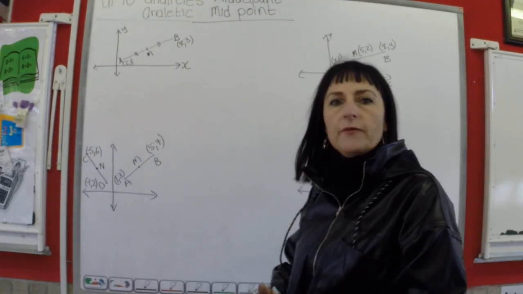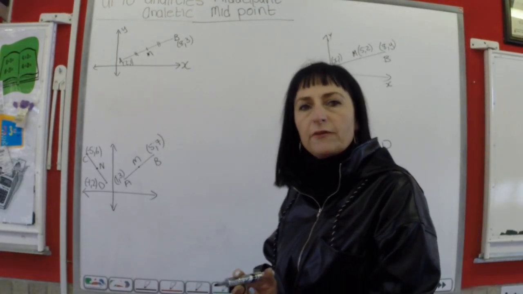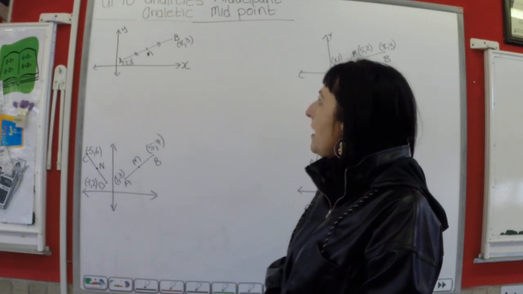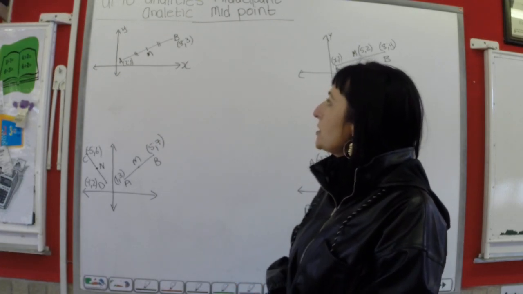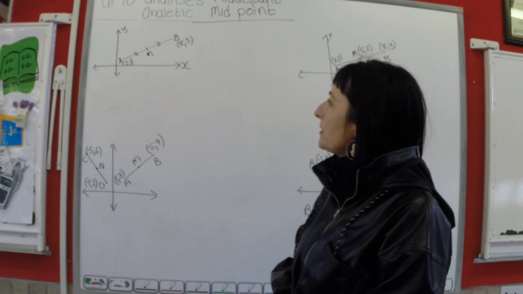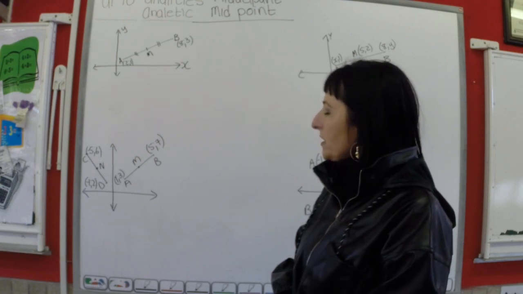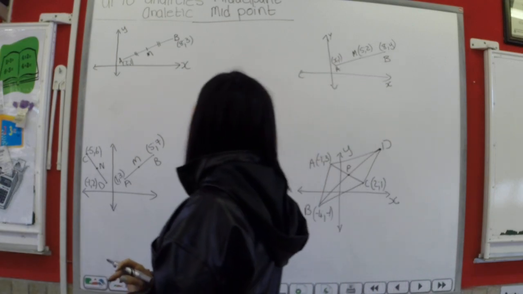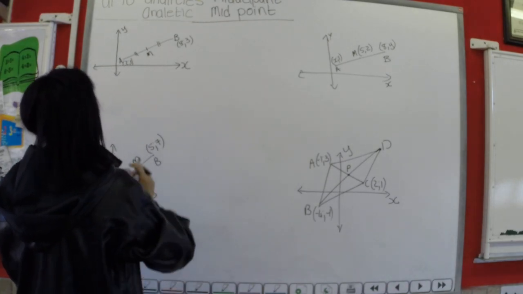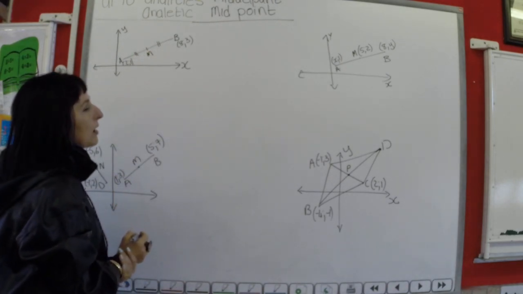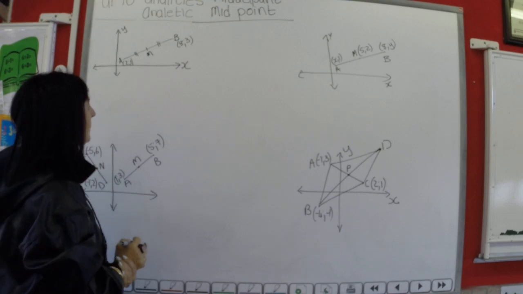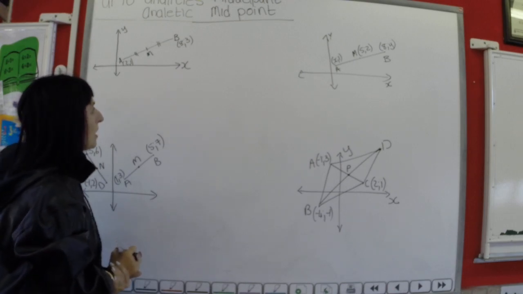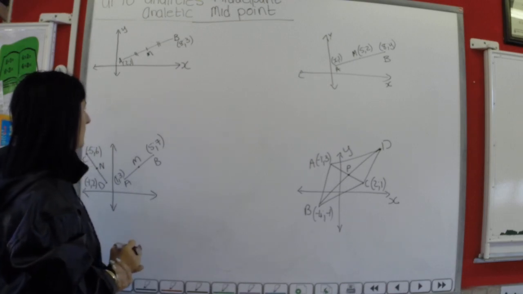Grade 10, so ons is by die volgende aspek van analitiese meetkunde, and that is where you determine the midpoint between two points. So as ons hier na A, B gaan kyk, dan kan ons die middelpunt M gaan bereken. Now what's important here is that you must know again the formula very well.